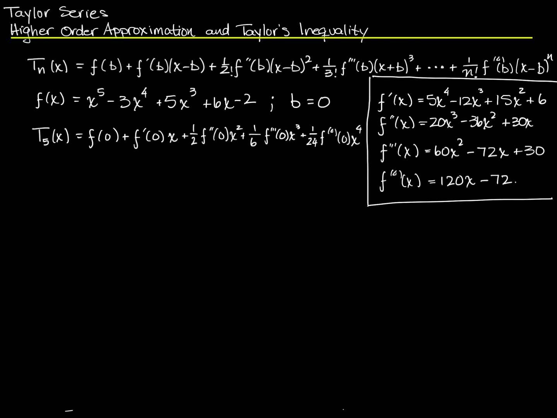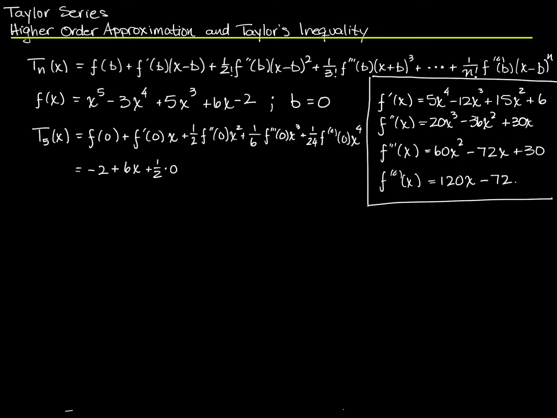When b is 0, the original function here is 0 plus 0 plus 0 plus 0 minus 2. So f of 0 is just negative 2. F prime of 0 is this function here with 0 plugged into it. So I get 6 times x plus 1/2 times the second derivative at 0. This function here at 0 is actually 0.